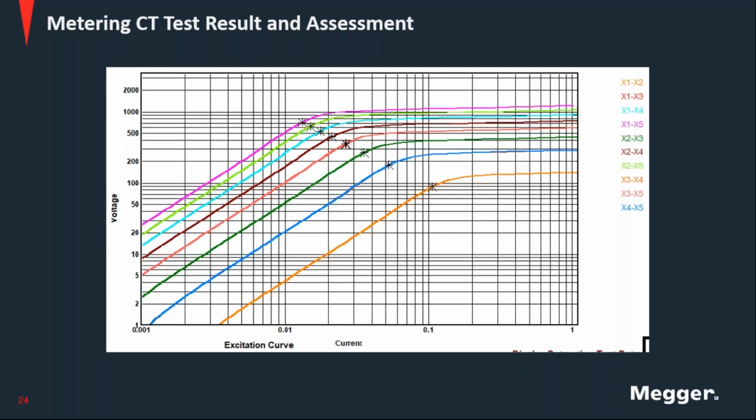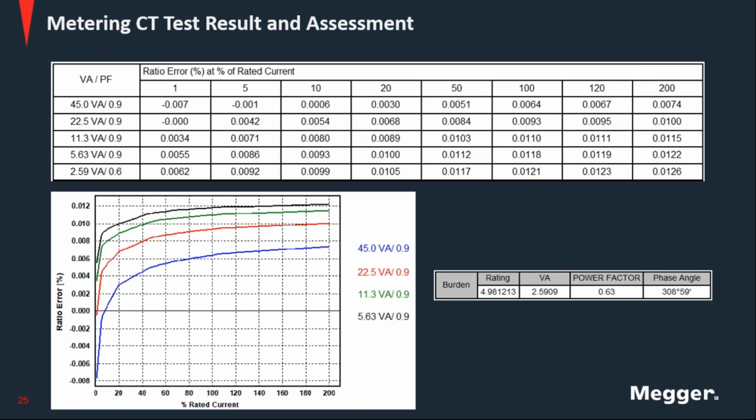And of course, we are not doing that in field testing. So with the use of software, this can be extrapolated and it can be determined how it will behave at higher currents. You can extrapolate the curve, and using all the other parameters from the instrument transformer, from the measurements, you can perform the assessment. So this is one of the assessments.